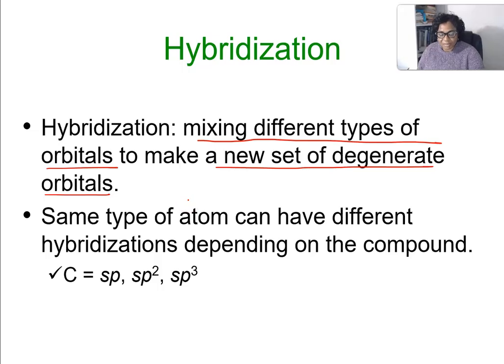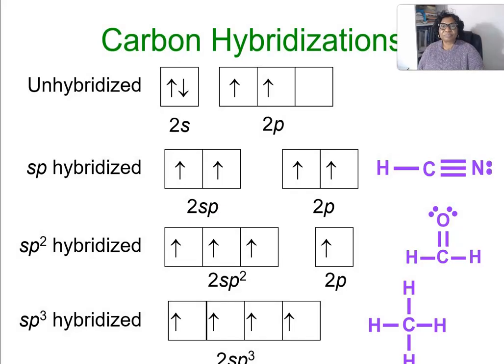So let's examine carbon. The energy diagram for carbon when it is unhybridized looks like this. You have 2 electrons in the 2s orbital, and in the 2p orbitals, 1, 1, and 1 is empty.